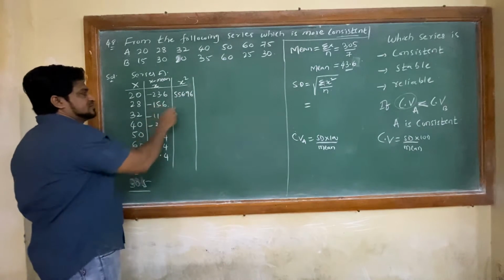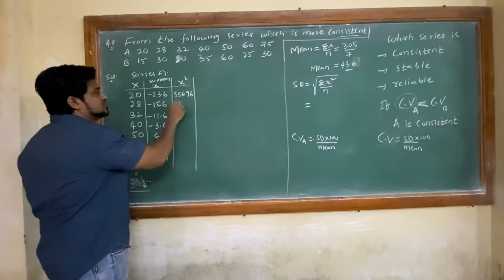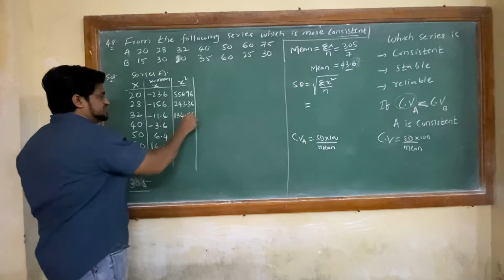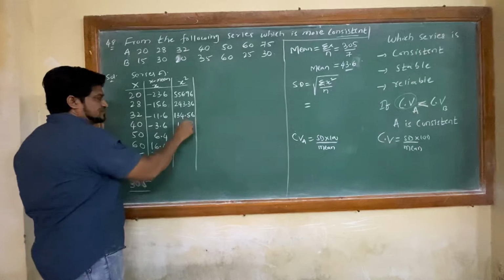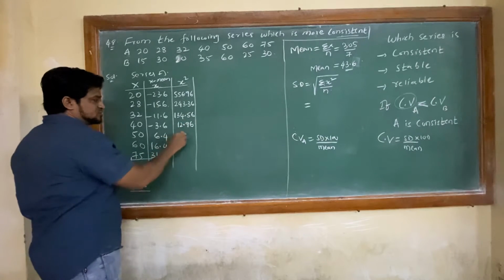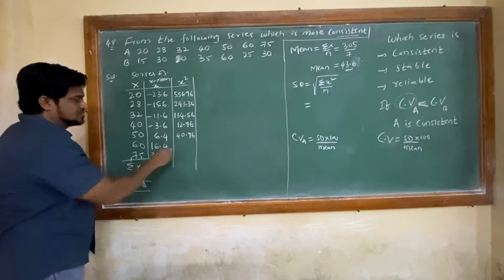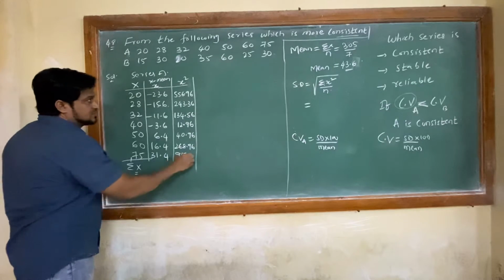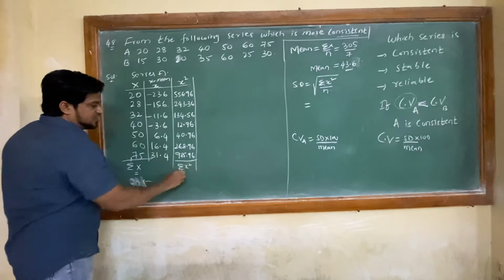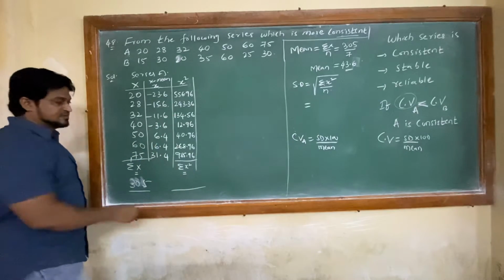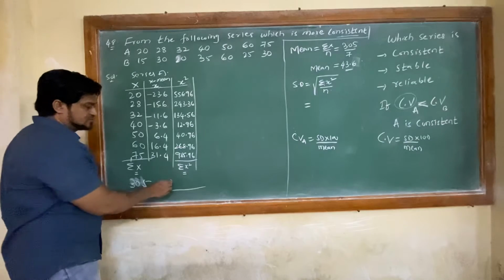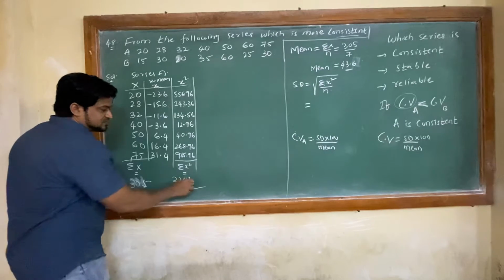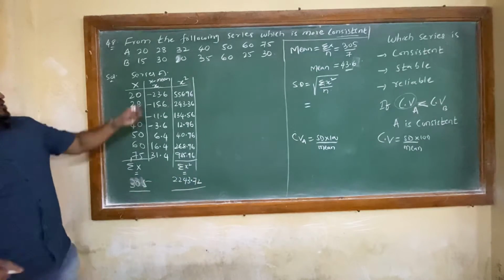Next, 134.56. Then 40, 985.96. Summation x square: if we add all these values, what answer will we get? 2243.72. Check this once again.